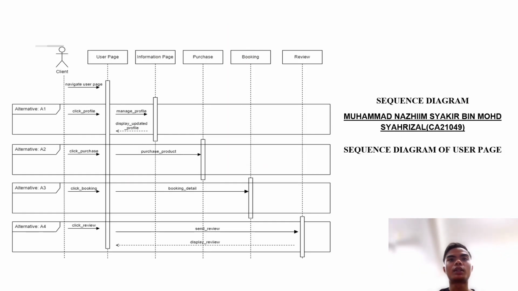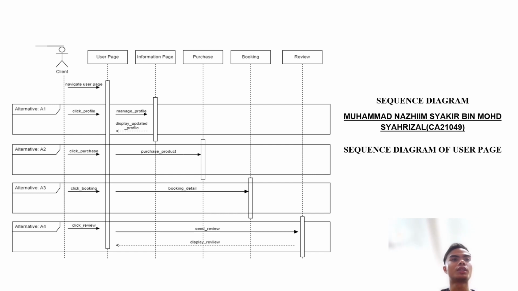My first sequence diagram is the sequence diagram of the user page. In this page, the client has four options to navigate around the website. The first one is to click profile. The second one is to click purchase. The third one is to click booking. The last one is to click review.